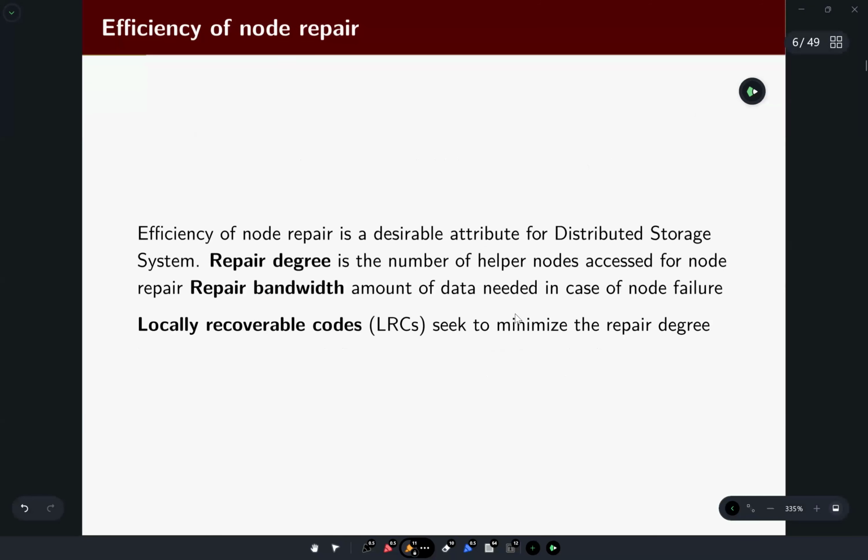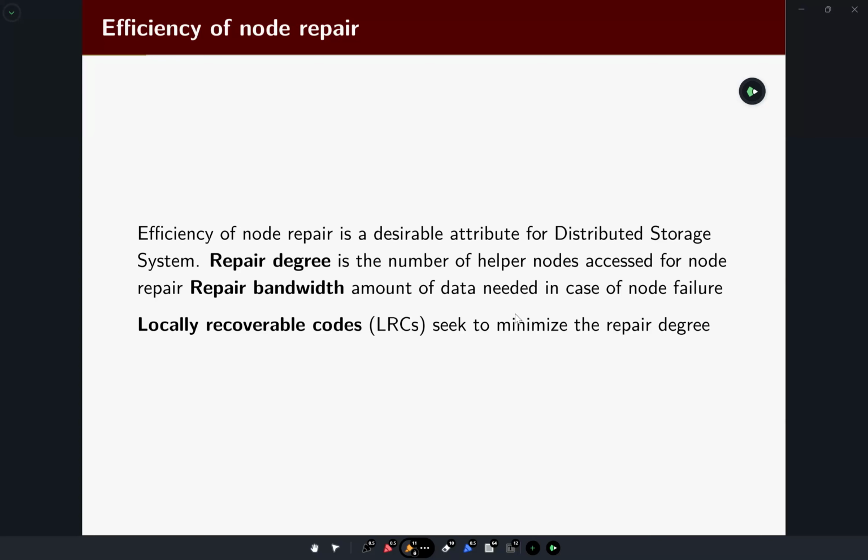But let's try to understand a little better what we are trying to do. There are two main properties that we want from a reliable distributed storage system: the repair degree and the repair bandwidth. The repair degree is the number of nodes that we need to access if we want to recover lost information, while the repair bandwidth is the amount of data that we need in case we have a node failure.